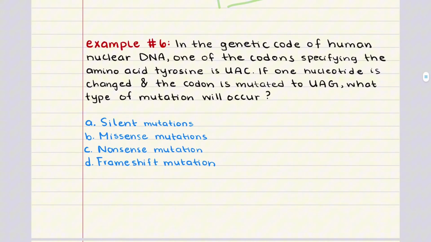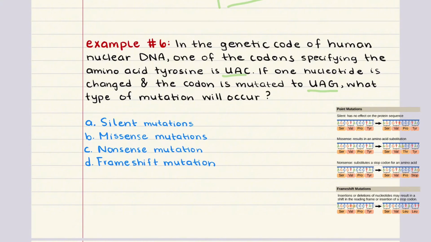Problem 6 says, in the genetic code of human nuclear DNA, one of the codons specifying the amino acid tyrosine is UAC. If one nucleotide is changed and the codon is mutated to UAG, what type of mutation will occur?